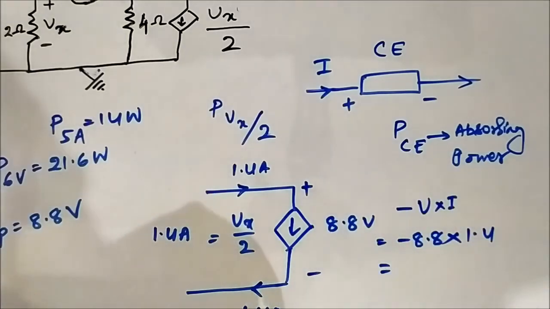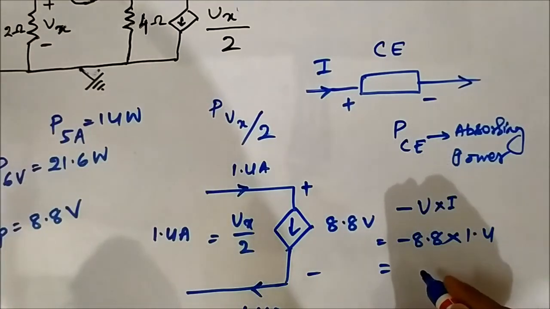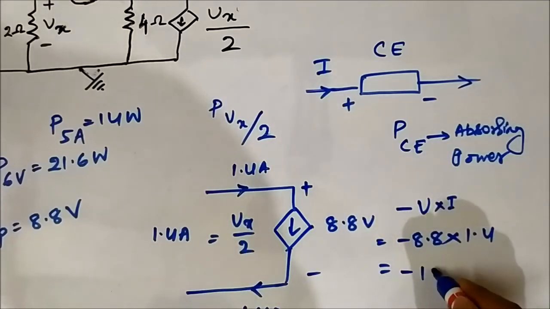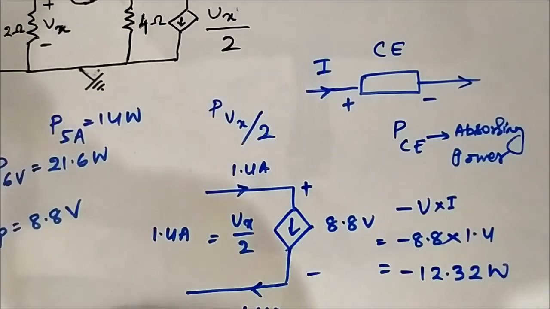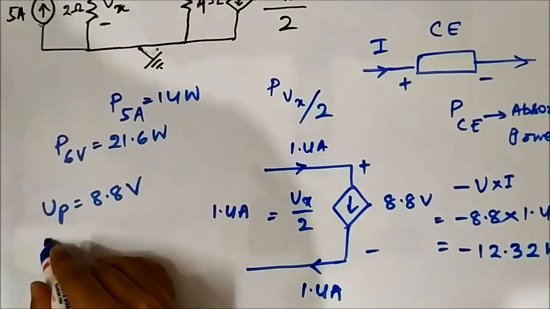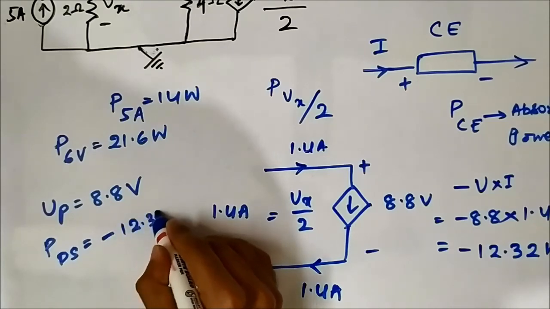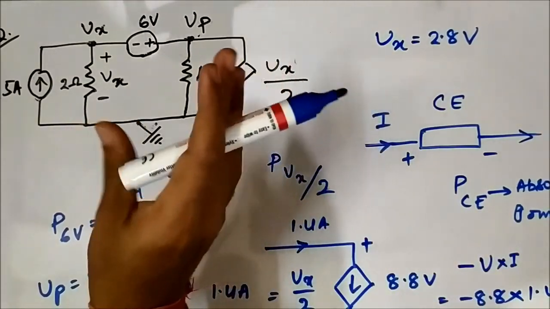Let us calculate it. 8.8 into 1.4 is equal to 12.32. So the power by this dependent source is equal to minus 12.32 watts. So here we have calculated all the parameters that were asked.